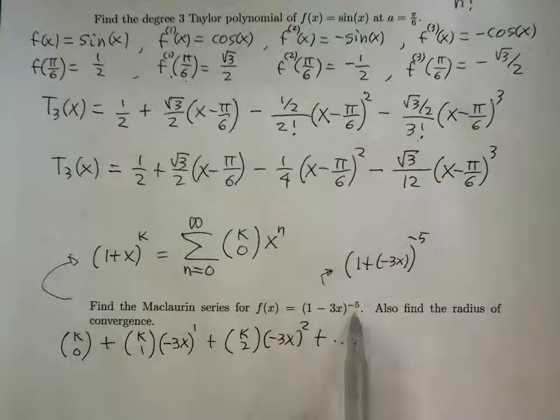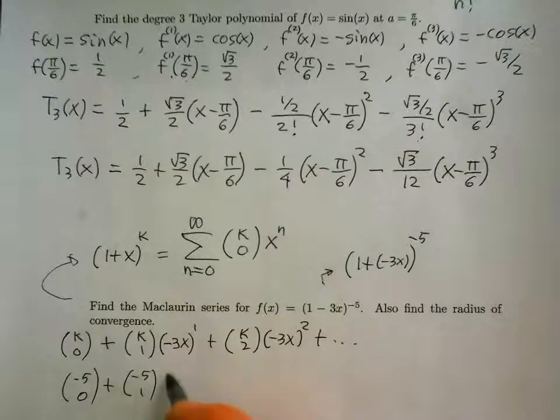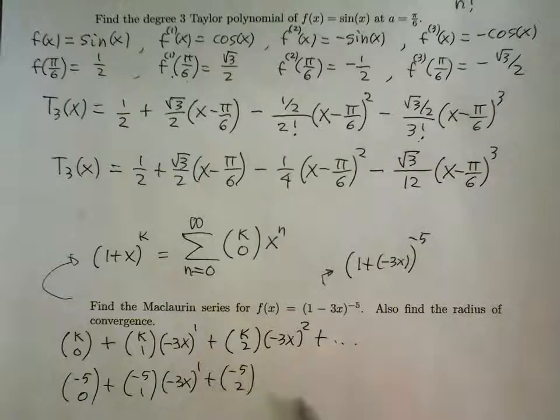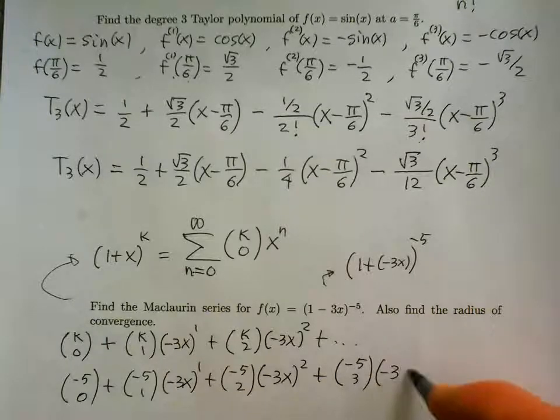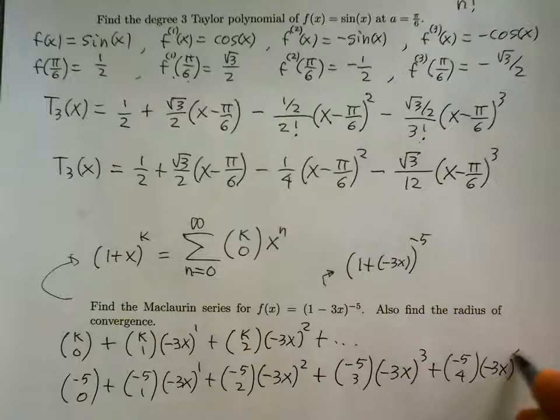So the value of k is negative 5. So negative 5 choose 0 plus negative 5 choose 1 times negative 3x to the first plus negative 5 choose 2 times negative 3x to the second. I'll just write out a couple more terms. Negative 5 choose 3 times negative 3x to the third, and then plus negative 5 choose 4 times negative 3x to the fourth, and so on.